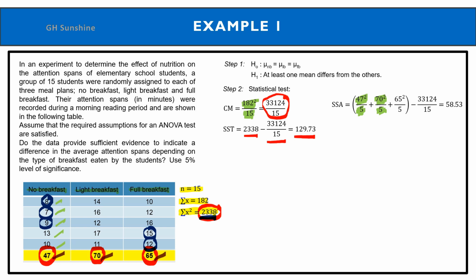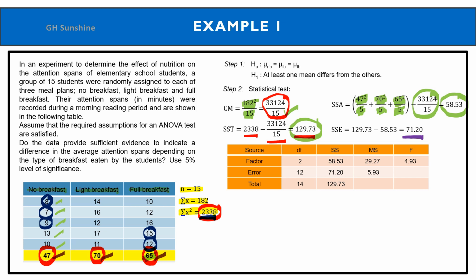And last one here is full breakfast, 65 squared divided by 5, minus the correction mean, which equals 58.53. Then calculate SSE, the sum of squares error. So SST minus SSA equals 71.20.